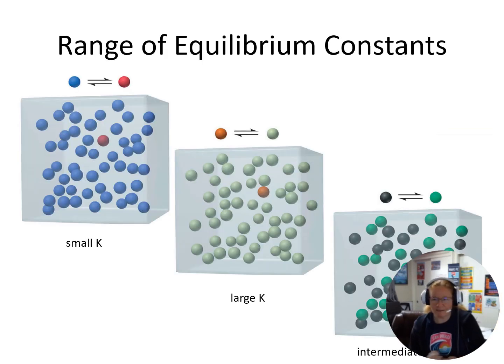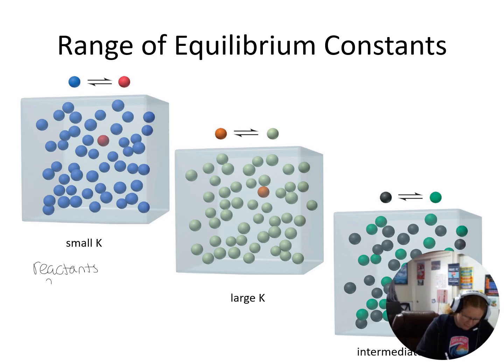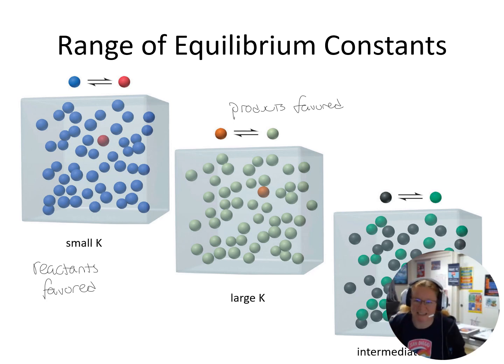Again, we can look at our equilibrium constants, the magnitude of which gives us an idea of what is favored. At a small K, we have reactants favored. A large K, products favored. And if we have what is called an intermediate K, then we'll have appreciable amounts of both at equilibrium.